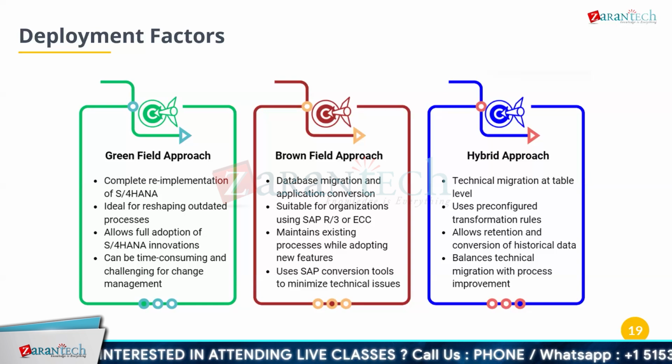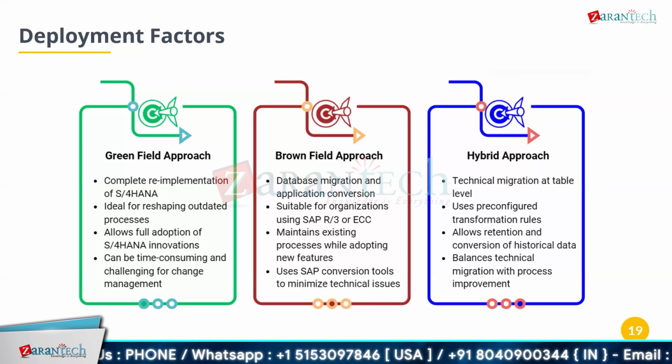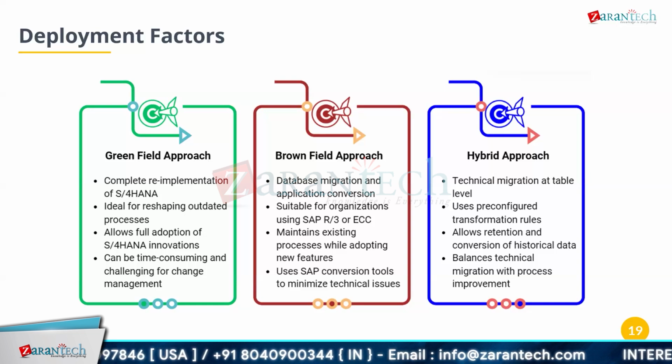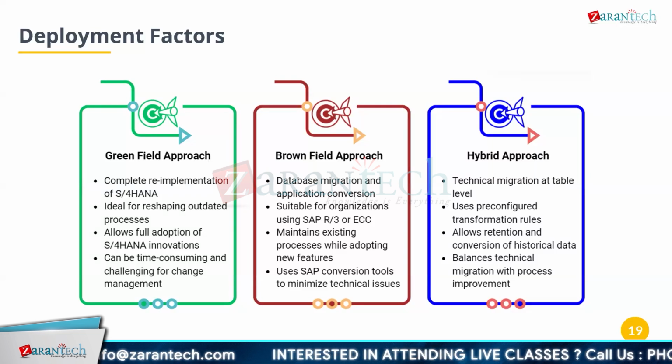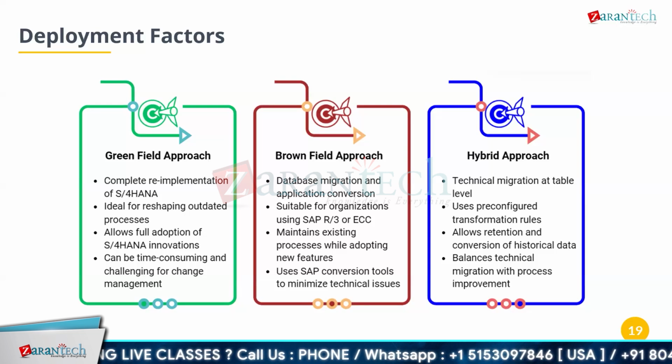But certain other tables are obsoleted in S4 and you won't be able to find them. Even if you move the data, you won't be able to move that information because those tables won't exist. These tools help you identify which other fields you can use in the S4 tables.